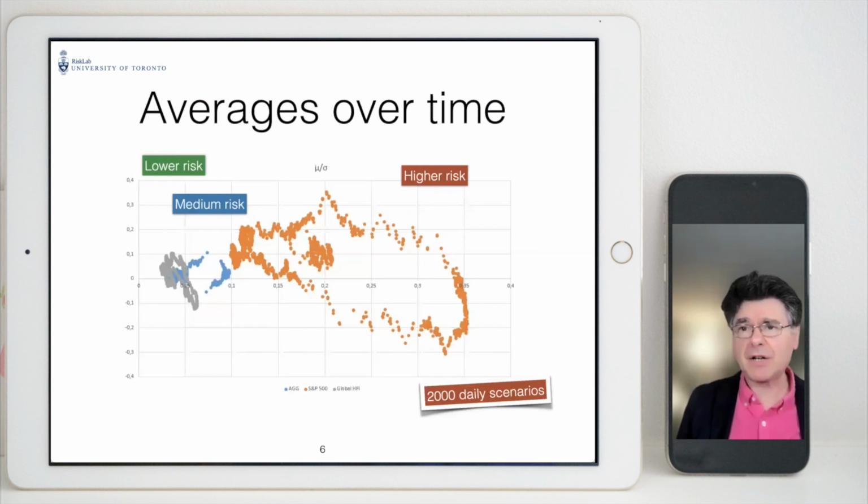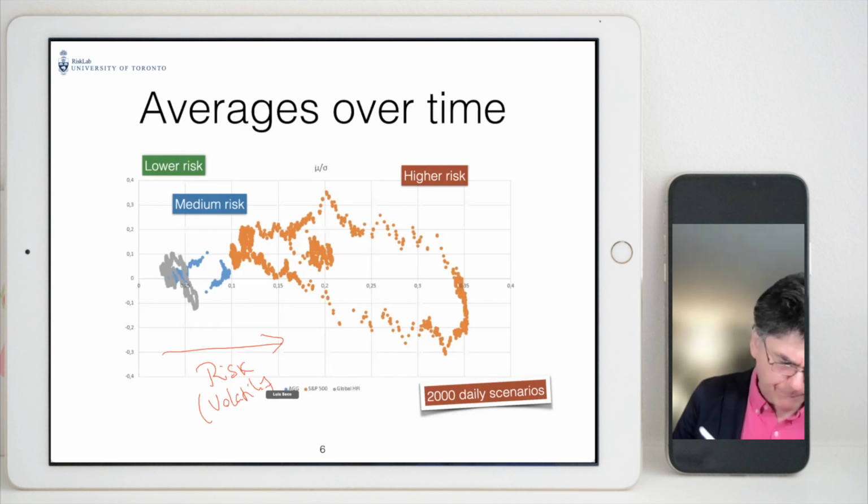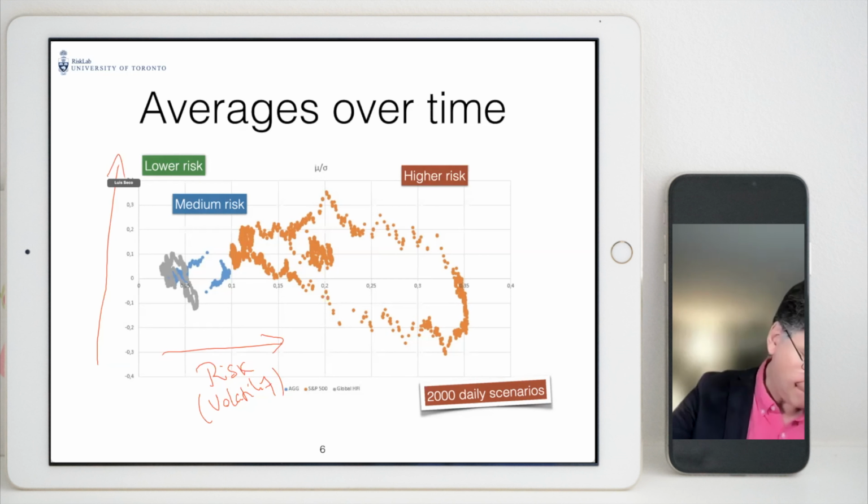Another example of scenarios. At some point, I showed you a cloud of risk and return numbers. So I remind you, this was risk, volatility. This was return or profitability.